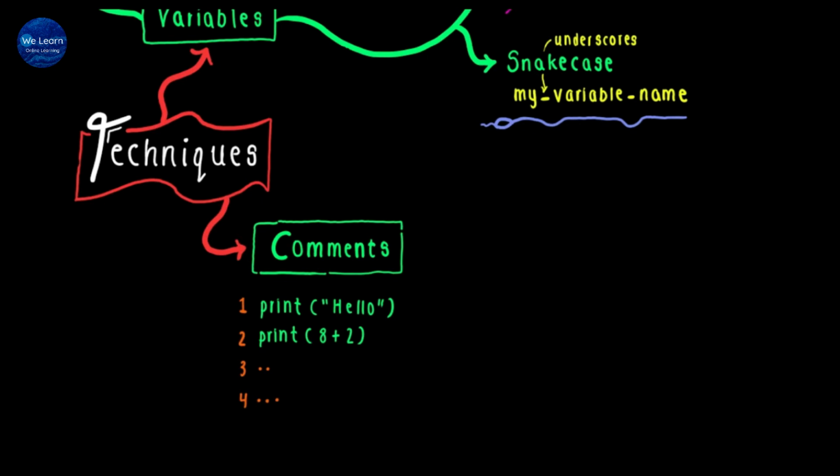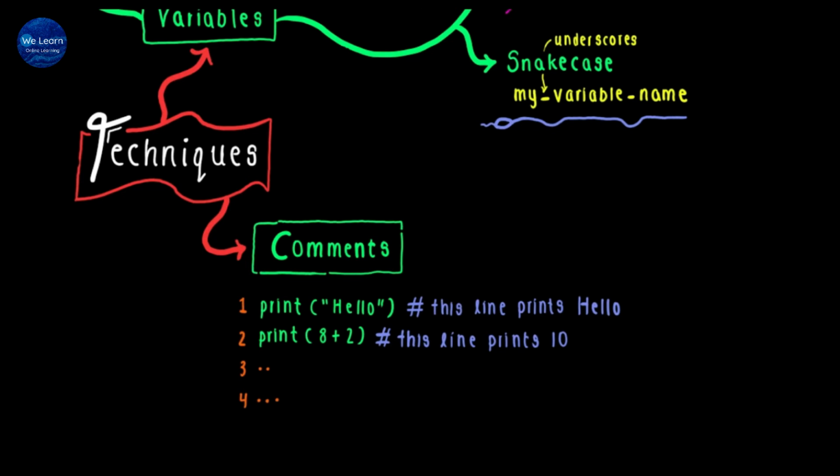Say that you as the programmer come back to the code at a later time and you want to figure out what this code does. Comments are a way of describing your code. In front of your code, you can add a line that starts with a hashtag that describes what this line or piece of code does. So in this case, line number 1, this line prints hello. Line number 2, this line prints 10.